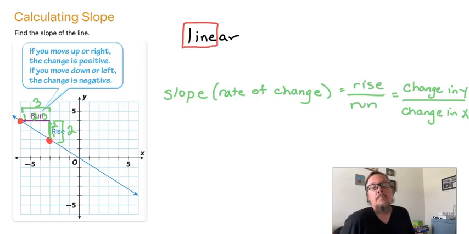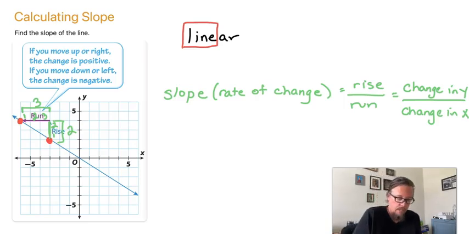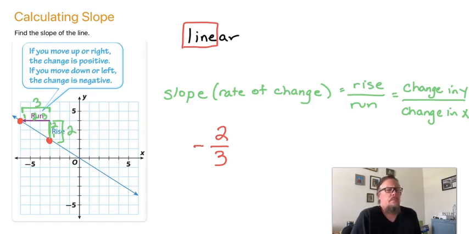So it looks like the rise over run here is 2 over 3. The rise is 2 and the run is 3. But this line actually has a negative rate of change. The slope of this line is negative 2/3.